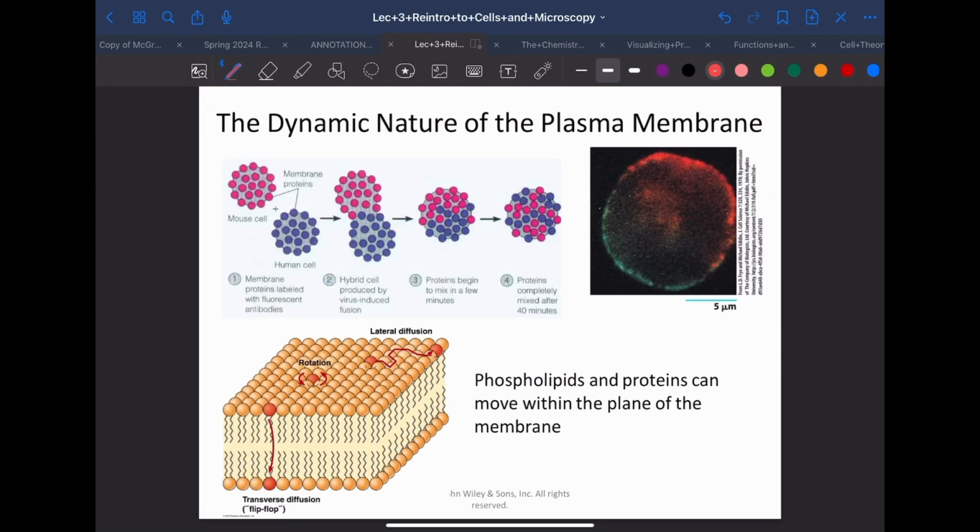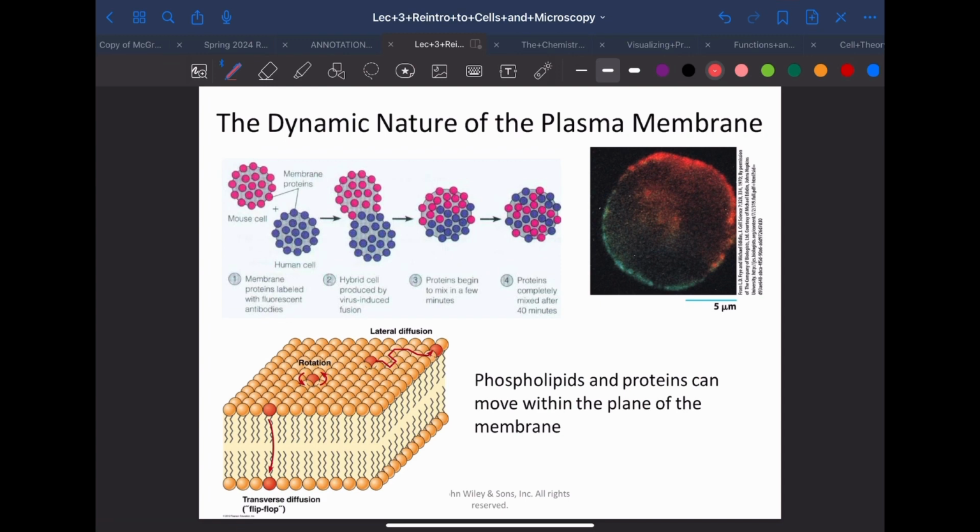Okay, last thing that I want to talk about with you guys in terms of the structure of a plasma membrane is their ability to fuse together. So things like vesicles, when you're transporting items around your cell, are enclosed in a membrane, right?